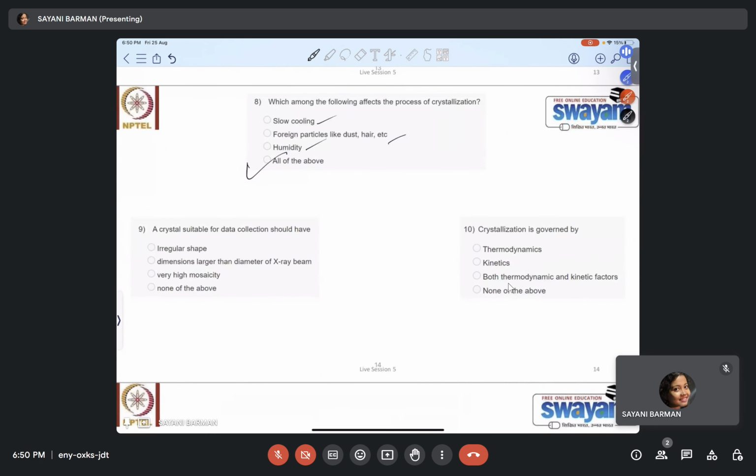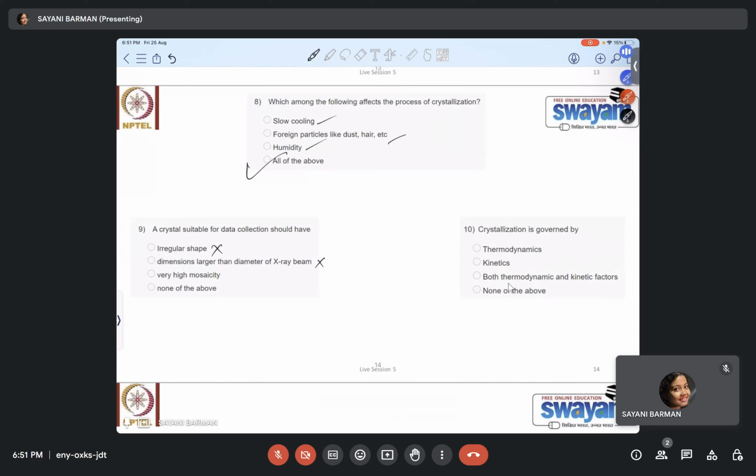And the next one is, a crystal suitable for data collection should have irregular shape. No. Dimensions larger than the diameter of the X-ray? No, then how will you collect the data? Very high mosaicity? Mosaicity means the lattice planes are not in perfect order.